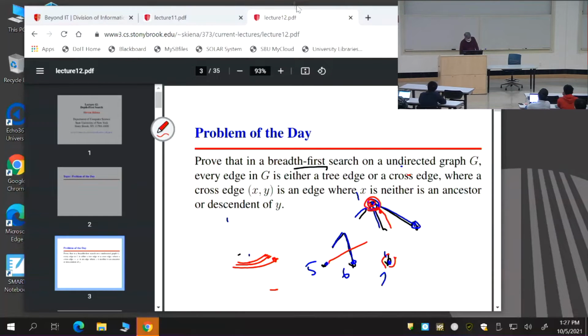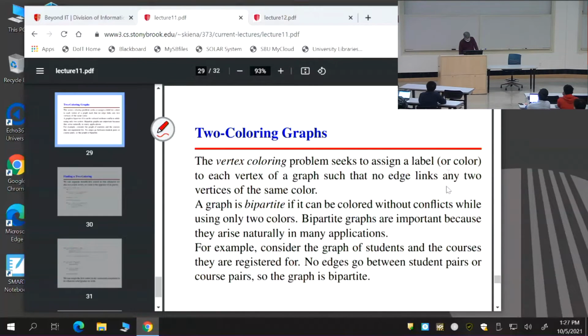Let's go back actually to the last couple of slides from the previous class about breadth-first search. Because again, doing a breadth-first search for its own sake we don't do. But there are applications of doing breadth-first search and depth-first search as a building block to build interesting algorithms.